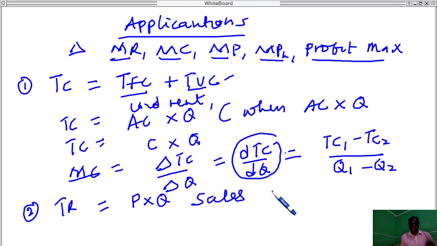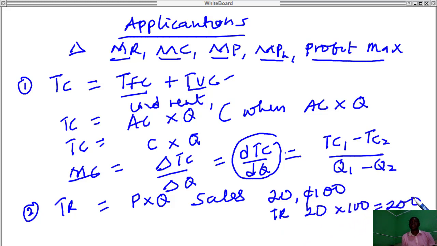Let's look at this. If you are in a shop and you are able to sell 20 phones, and each phone costs 100 cedis, your total revenue will be 20 times 100, which will be 2,000 cedis at that moment. So that is the total revenue.